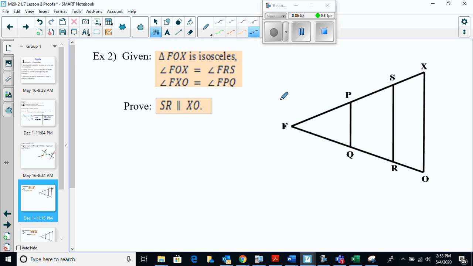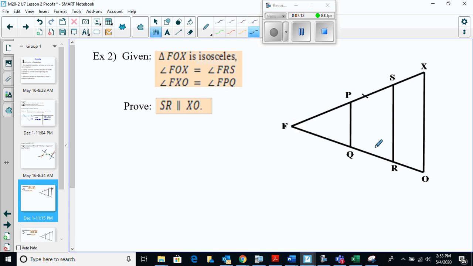Let's take a look now at this. The triangle FOX is an isosceles triangle. Remember what we said about the isosceles triangle: it is a triangle that has two sides equal to each other.